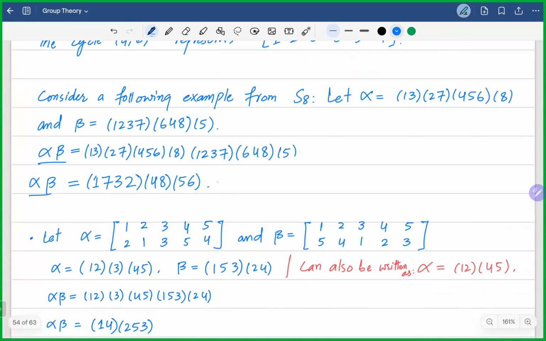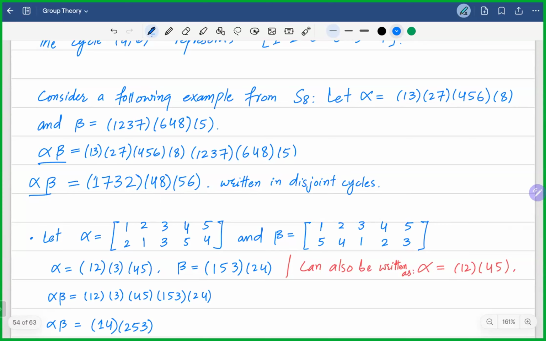Is this the only advantage of writing a permutation, like a product, in disjoint cycles?